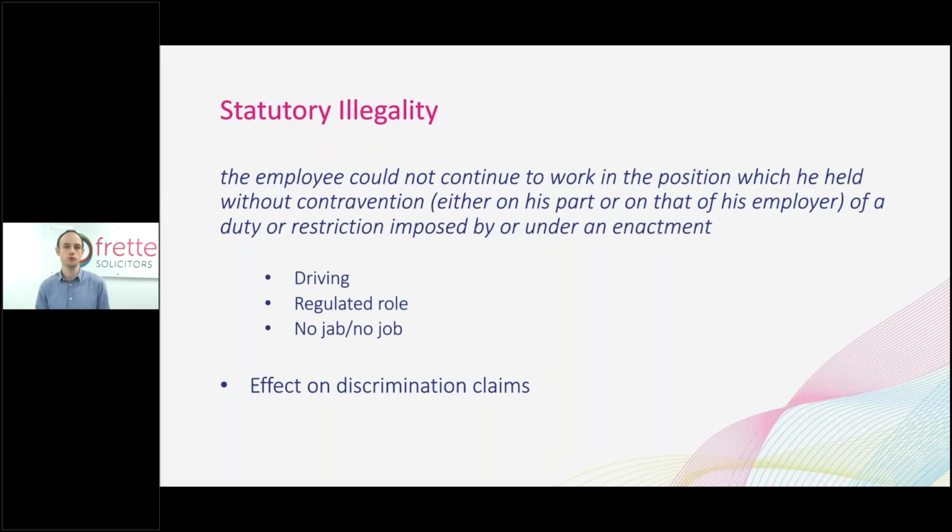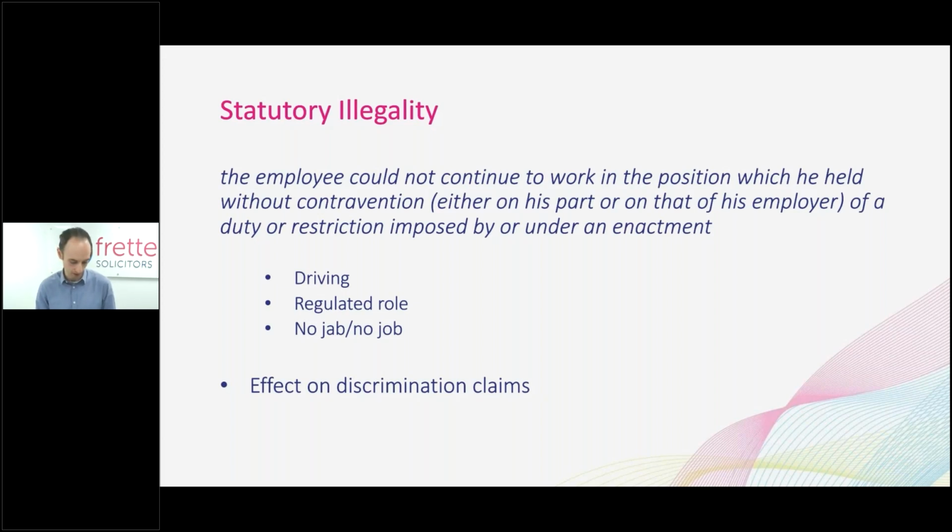But in the no jab, no job cases, as an example, there are a lot of associated religious or belief claims that were brought at the same time. So there is an argument there that those religion or belief claims are also defeated by the statutory illegality point. As I say, those are still making their way through the appeal courts. Watch this space. Statutory illegality, like all dismissals, is still subject to a reasonableness test.